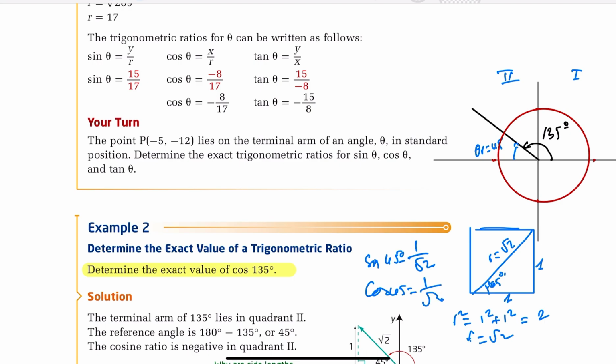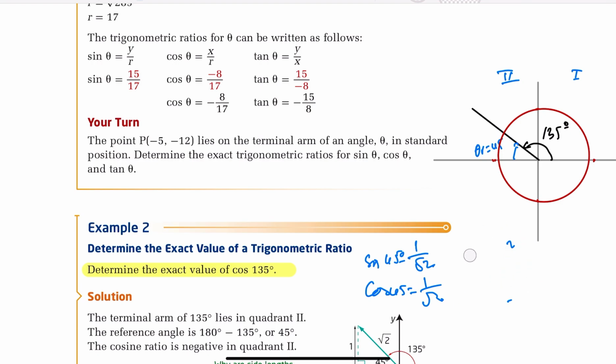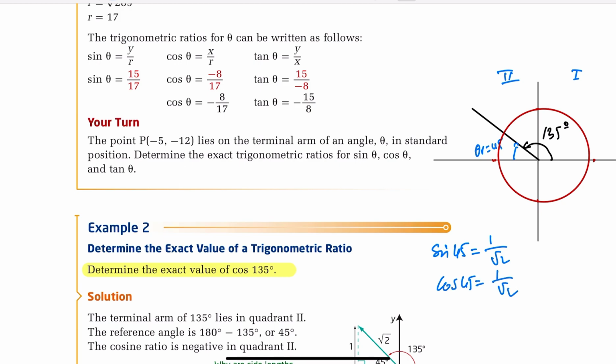So from the lesson that we learned before, I know that the sine of 45 degree is 1 over square root of 2, and the cosine of 45 degree is 1 over square root of 2. And we said that our angle 135 will have the same sine as the reference angle 45, but it will have a negative cosine.